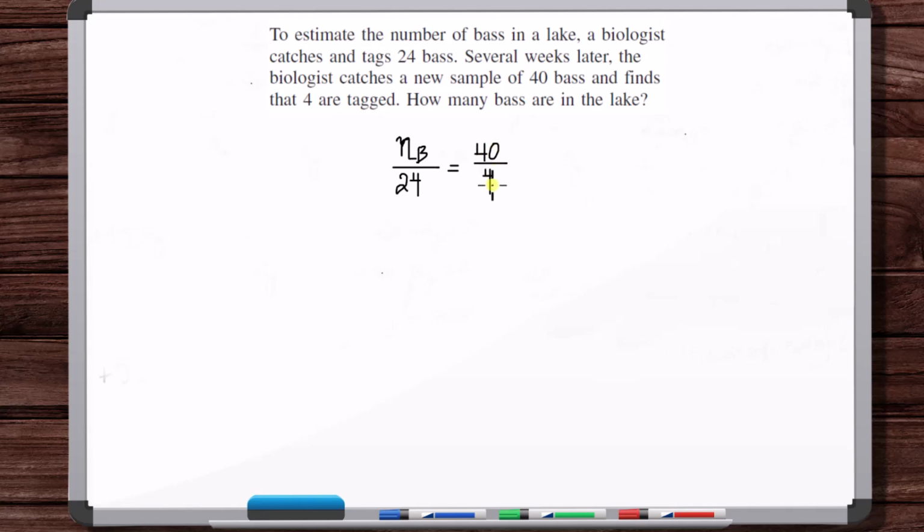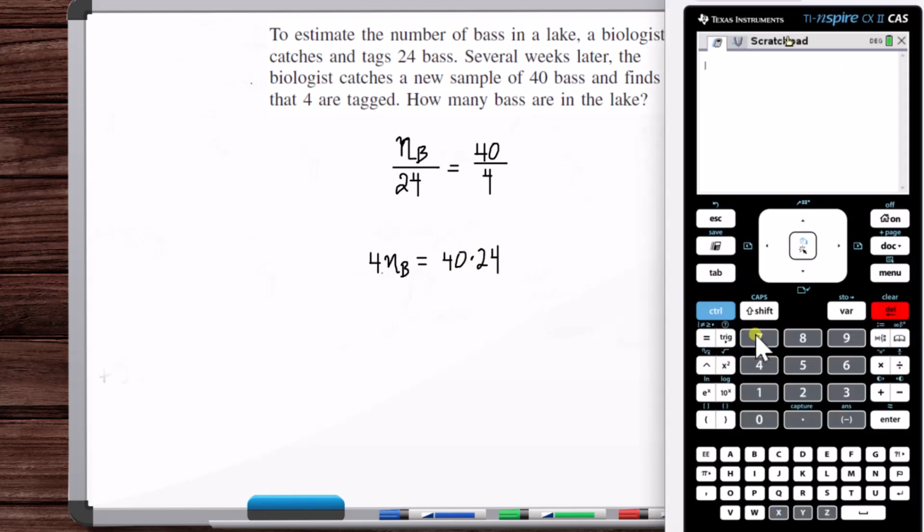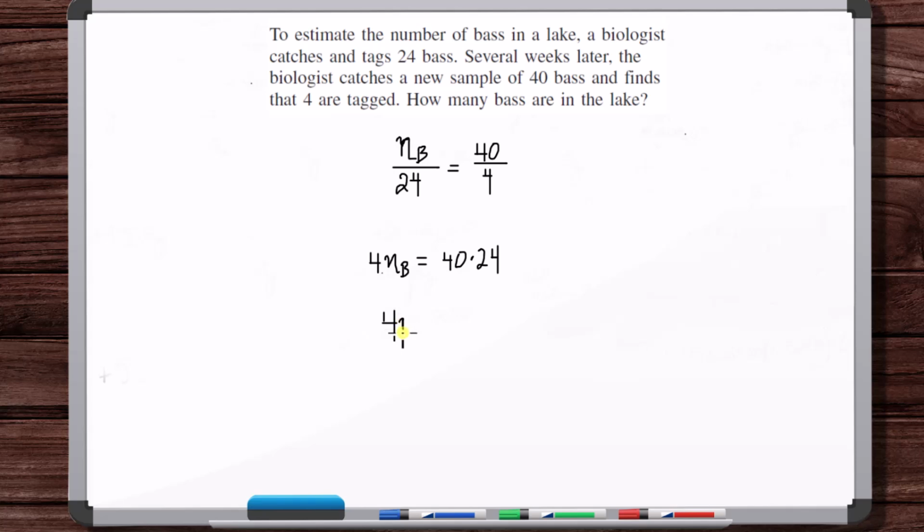Now this is an estimate, but not a bad estimate, depending on the total numbers. So let's cross multiply. 4 times NB is equal to 40 times 24, which is 960. 4 NB is equal to 960.